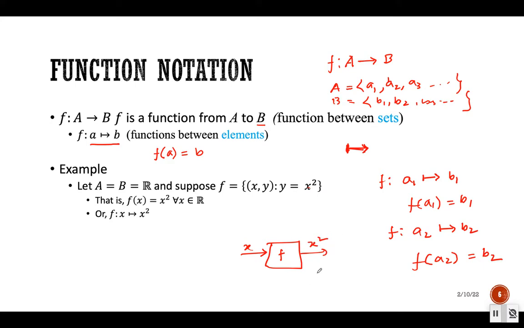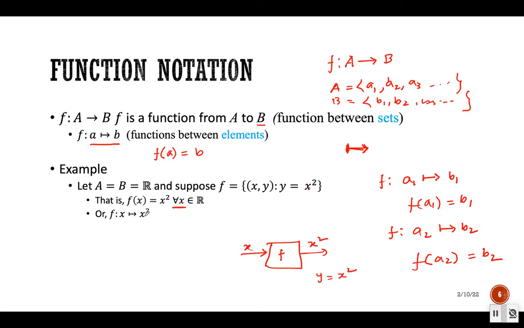That means y equals x square. So here we can write that f of x equals x square for all x belongs to R. So we can see that we are using the quantifier. So the f of x value will be x square for all x belongs to R.